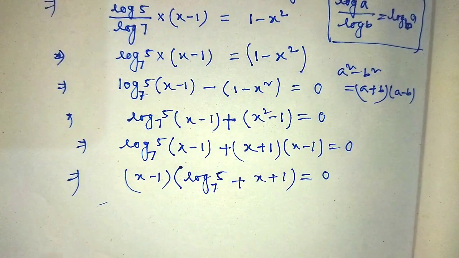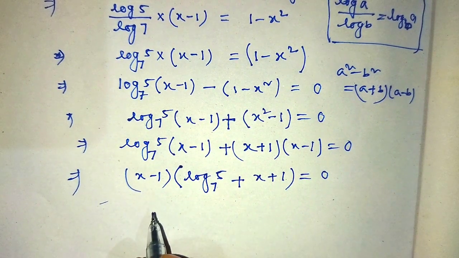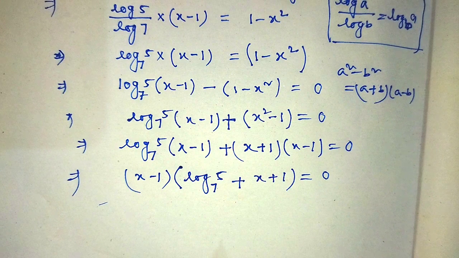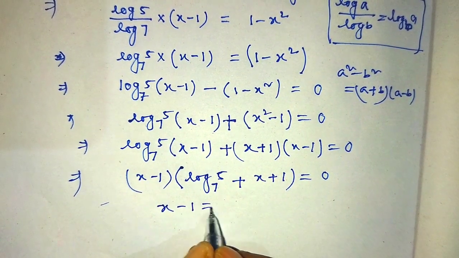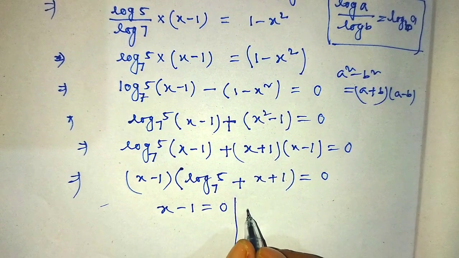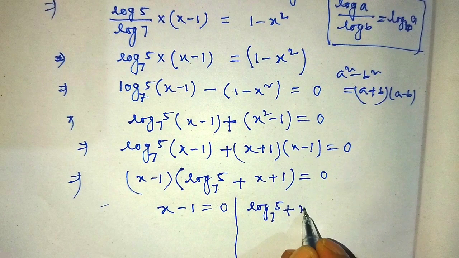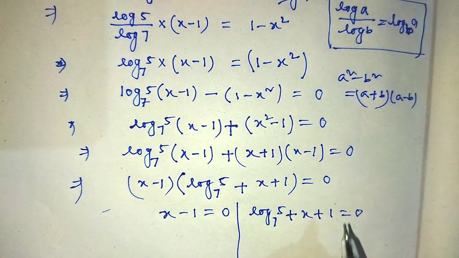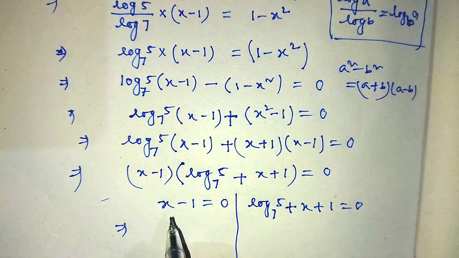After that we have to apply the zero product rule. After applying it, we can write from this equation x minus 1 is equal to 0 and log of 5 to the base 7 plus x plus 1 is equal to 0. Now we transpose minus 1 from the left hand side to the right hand side in the first equation.